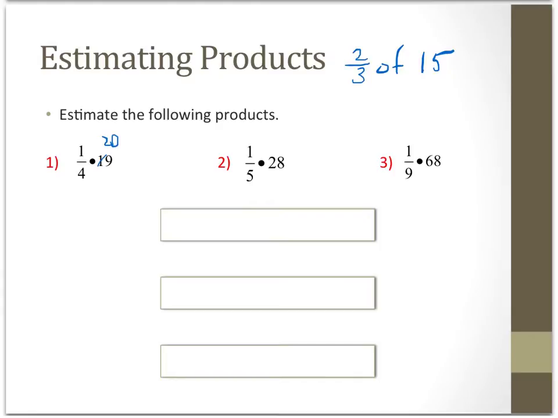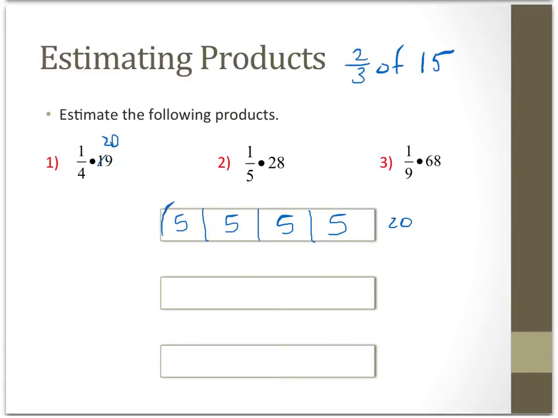So if this whole long bar here represents 20, I can take it and split it up into 4 equal pieces, knowing then that each piece would have to be 5, because 20 divided by 4 is 5. First I took my 20 and divided it into 4 equal pieces, and now I want to know how much one of those is.